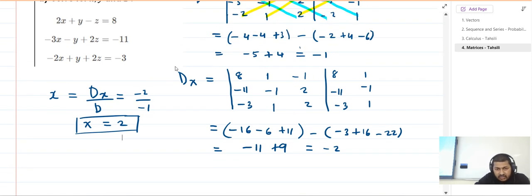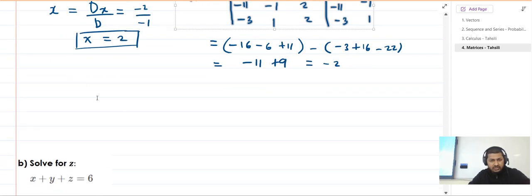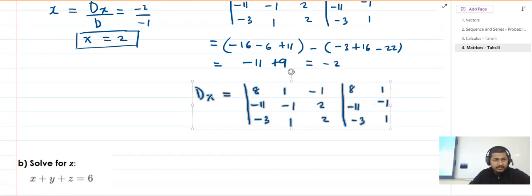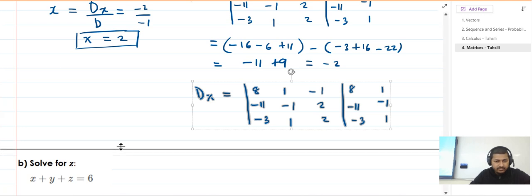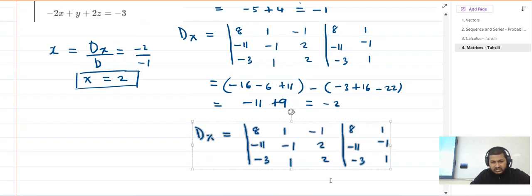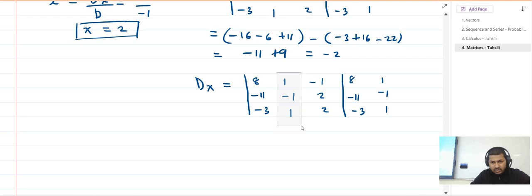For dy, I just want to copy all this, it's much easier. See what I'm doing for dy. Let's put it here. Right, so I need to take this 1, -1 and 1 out and copy this here.